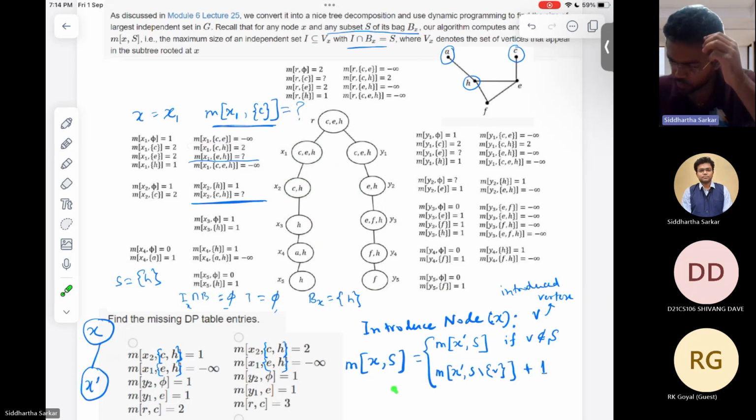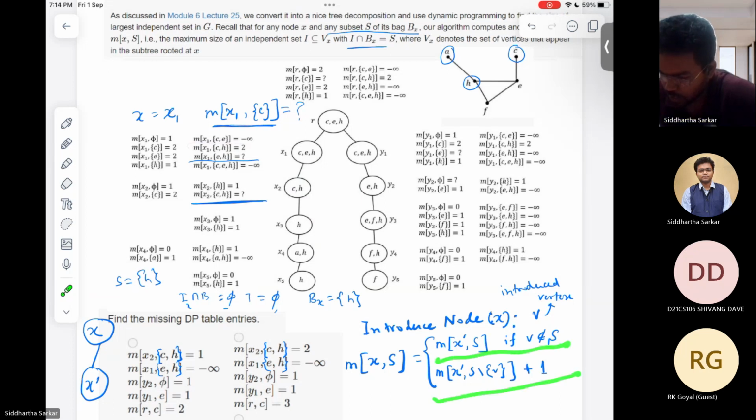So now we apply the same formula. So now E is part of E comma H, right? So shall we apply this or this? Second one. Yes, because E is part of E comma H.